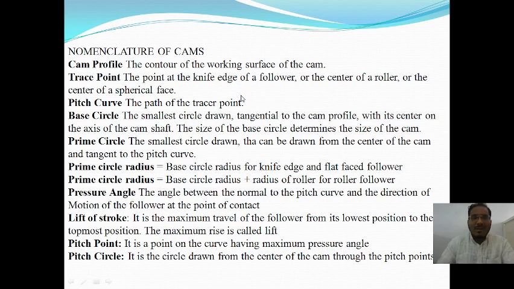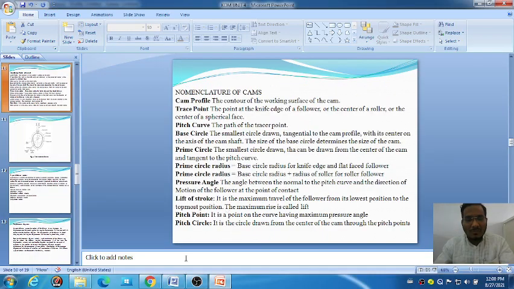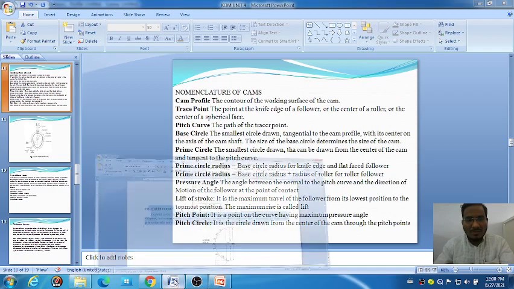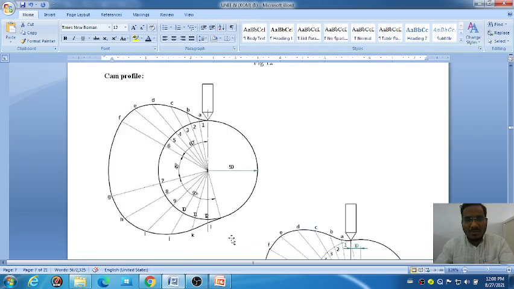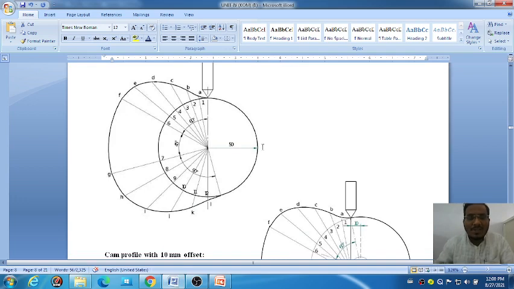Whenever we are constructing the cam, I will show you. So this is a cam profile.